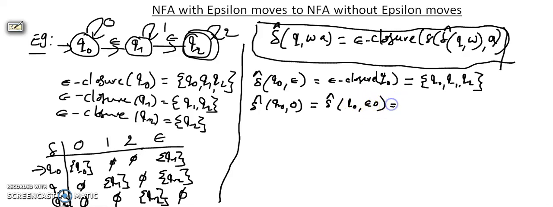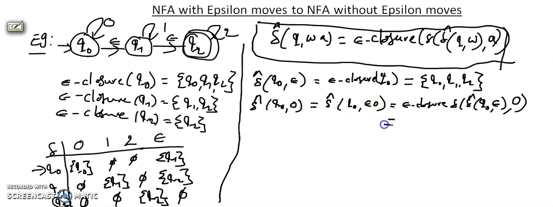This is equivalent to E closure of delta of, using this formula, delta cap of Q naught comma epsilon, comma 0.